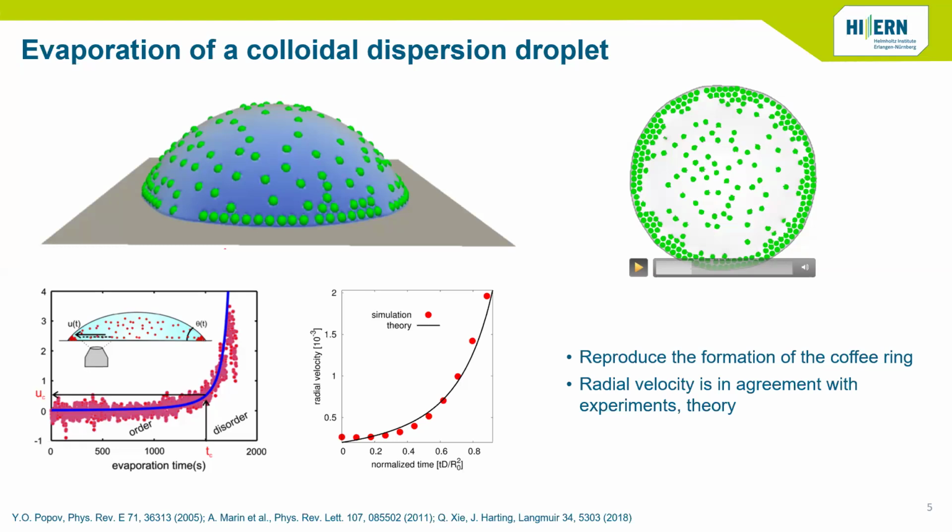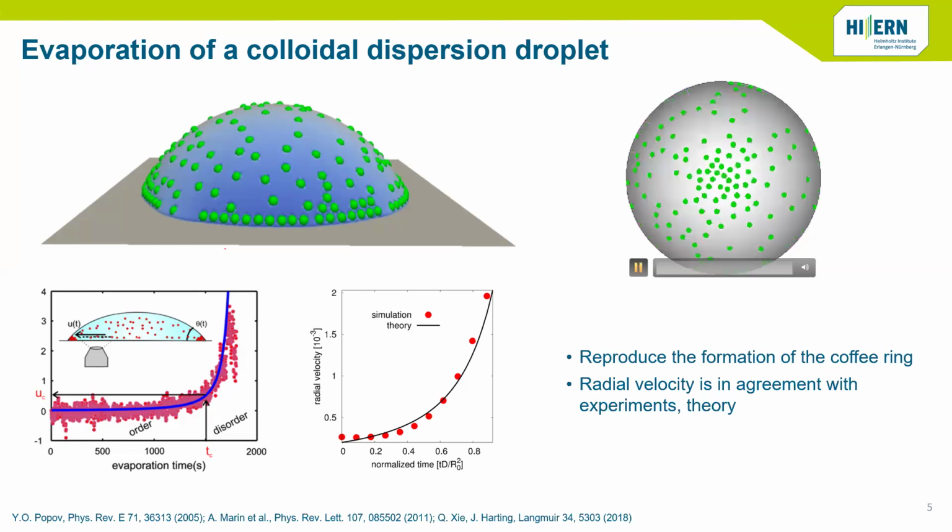Then we simulated the system and plotted the radial velocity, and we also found very good agreement between our simulation result and the theoretical prediction on the velocity profile. So I show that we can reproduce the formation of the coffee ring effect by drying a colloidal suspension on a substrate. Also, radial velocity is in good agreement with experiments and theory.